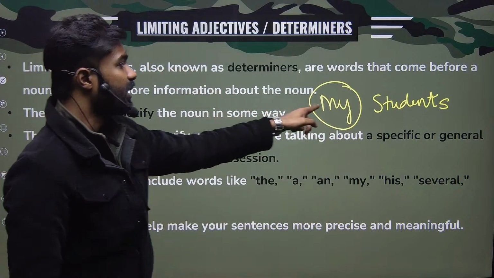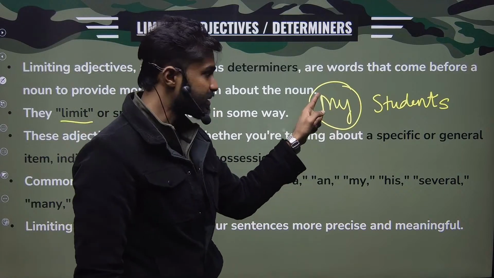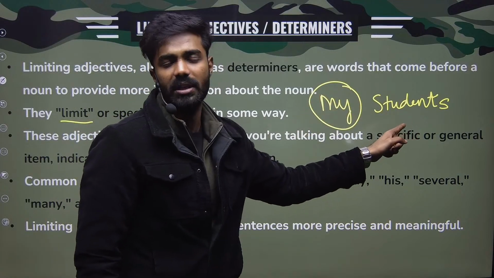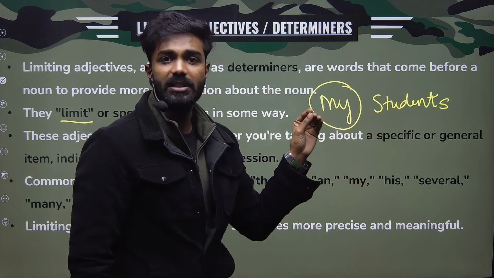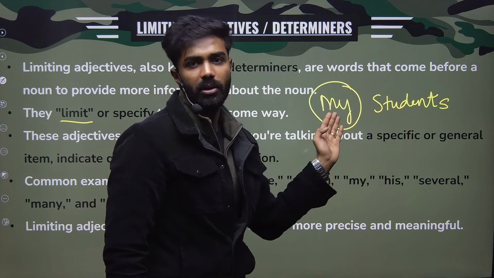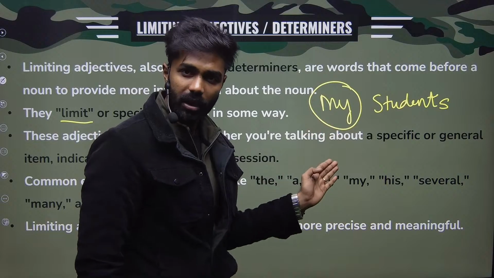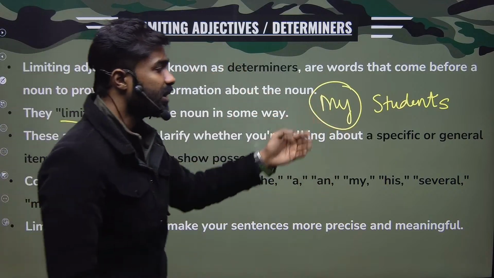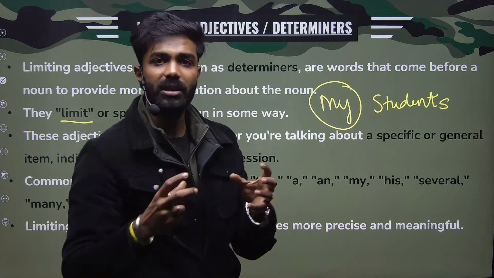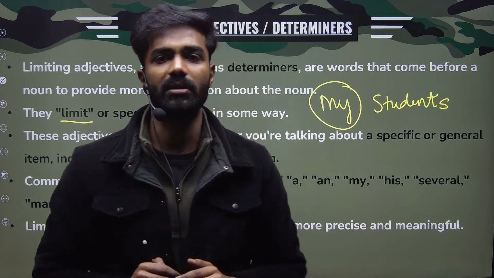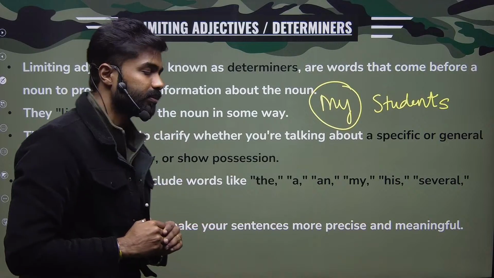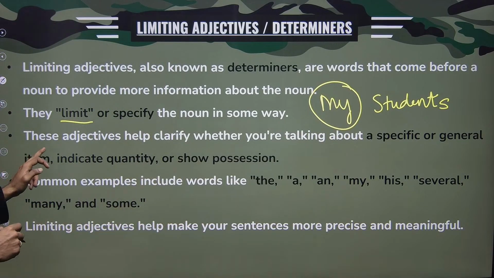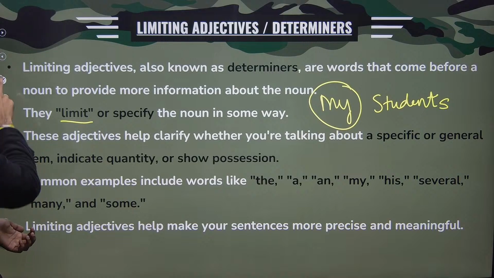First rule: even though it is a pronoun or whatever it is, if it is adding or changing any details or giving a specific detail to a noun, then I call it an adjective. So I remove the pronoun status and add adjective. And why are they called limiting adjectives? Because they are limiting or giving a definite detail about the noun. That's it. These adjectives help clarify whether you're talking about a specific or general item.